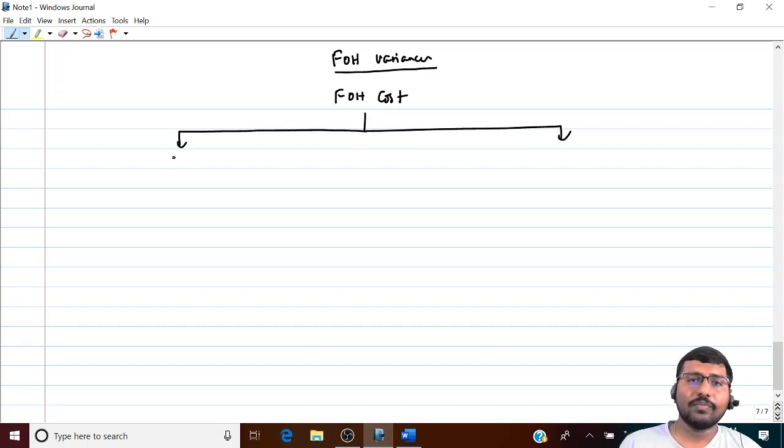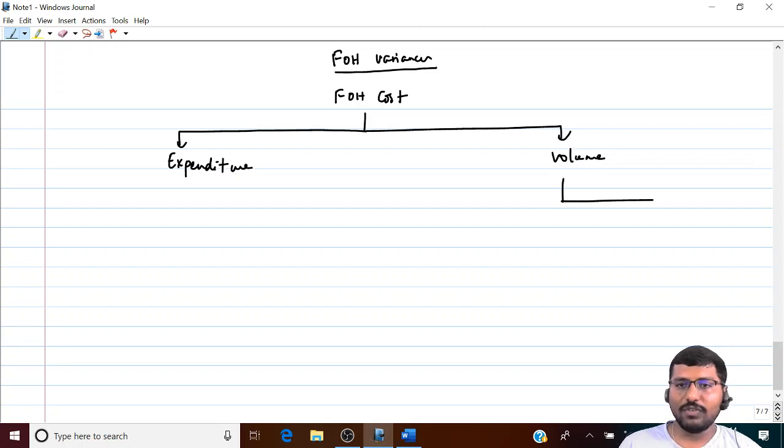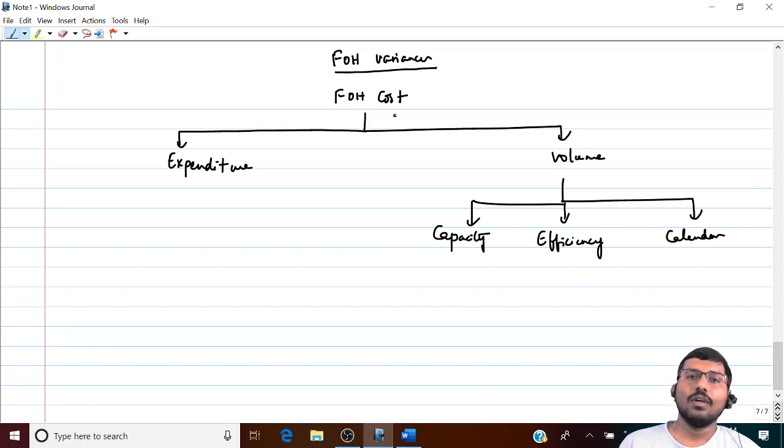Expenditure, and it's not efficiency here; here it's going to be volume. Now volume will be further divided into three: capacity, efficiency, calendar. Formulas will be like this: 1 minus 2, usual formulas only.